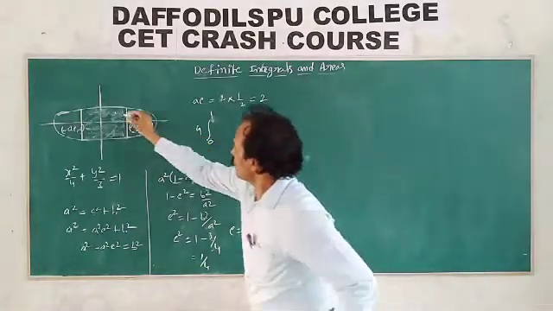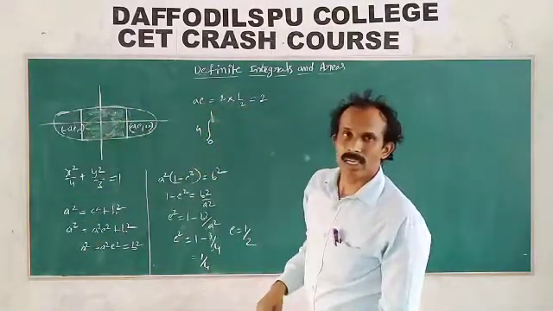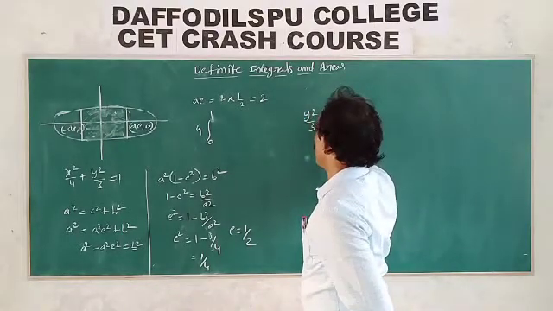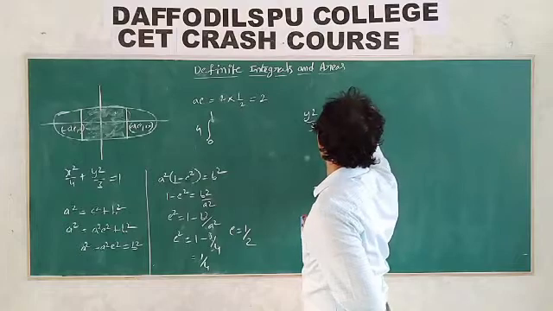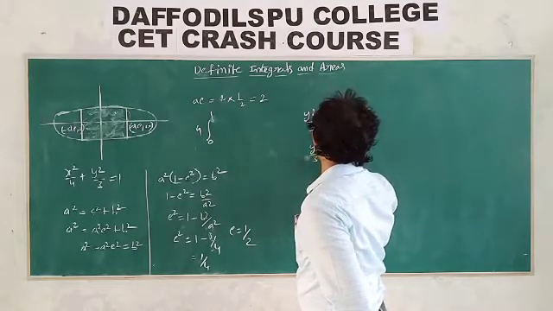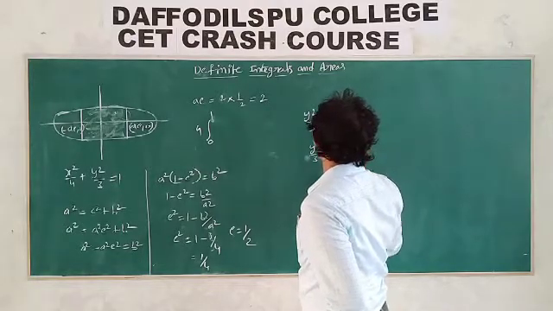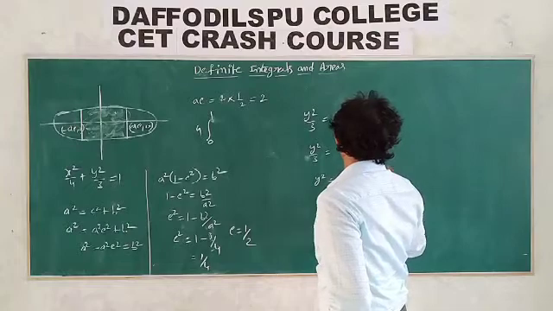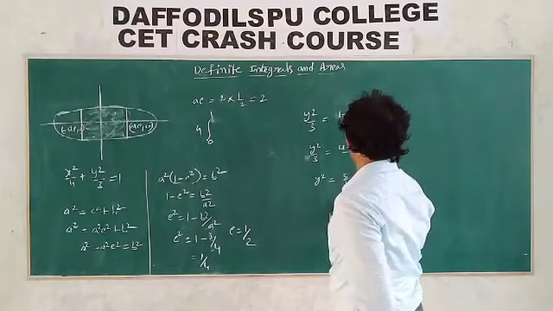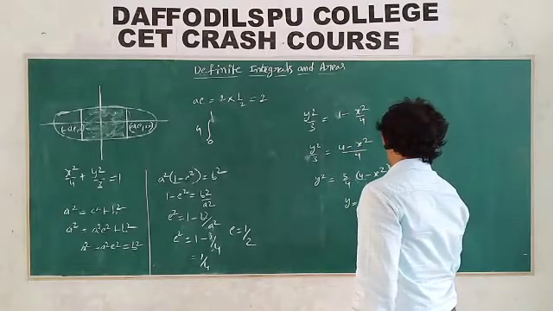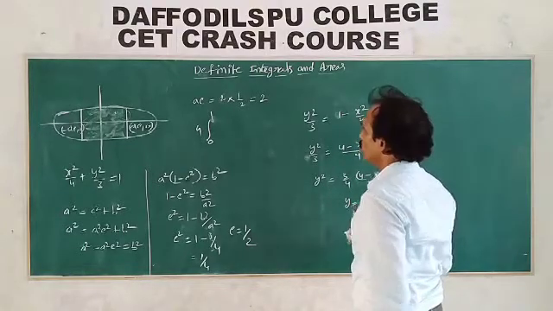Consider x. y square by 3 is equal to 1 minus x square by 4. y square by 3 is equal to 4 minus x square by 4. y square is equal to 3 by 4 into 4 minus x square. y is equal to root 3 by 2 into root of 4 minus x square. Right?